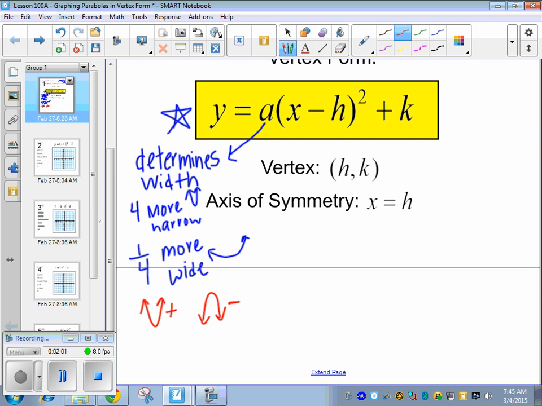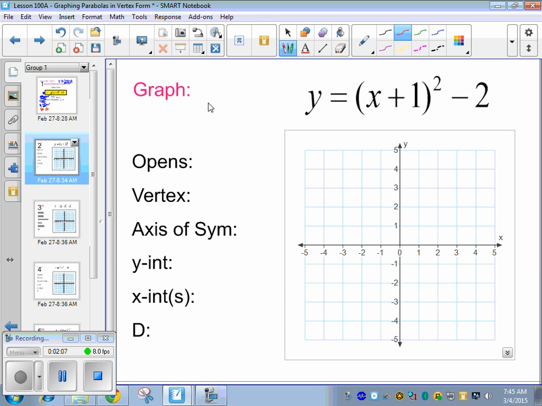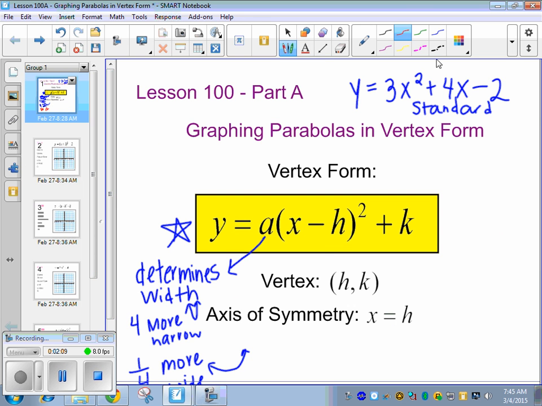So anything inside the parentheses shifts the graph to the right or the left, and it's always the opposite. So if you have x plus 2 in parentheses, it shifts it left 2. If you have x minus 2 in parentheses, it shifts it right 2.